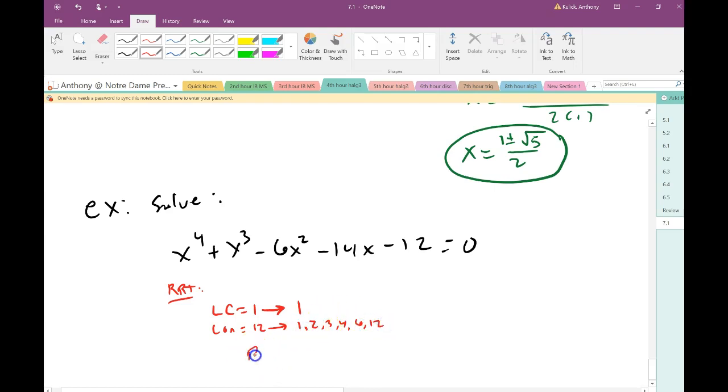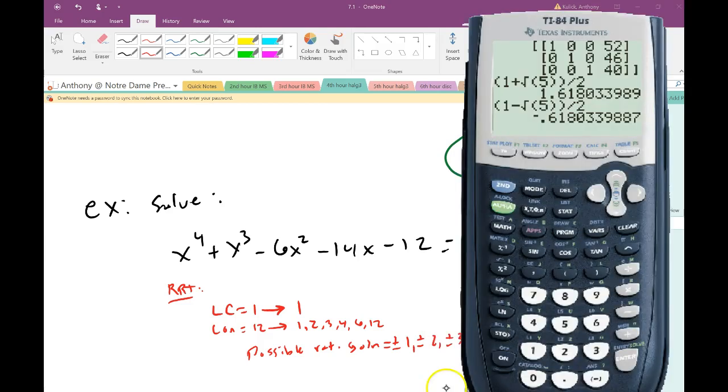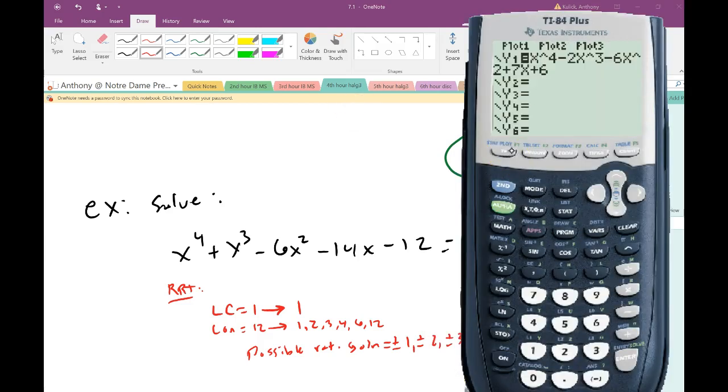So my possible rational solutions are plus or minus 1 over 1, 2 over 1, 3 over 1, 4 over 1, 6 over 1, and 12 over 1. And to weed that down more, I'm going to go to my calculator. I'm going to type in my equation.